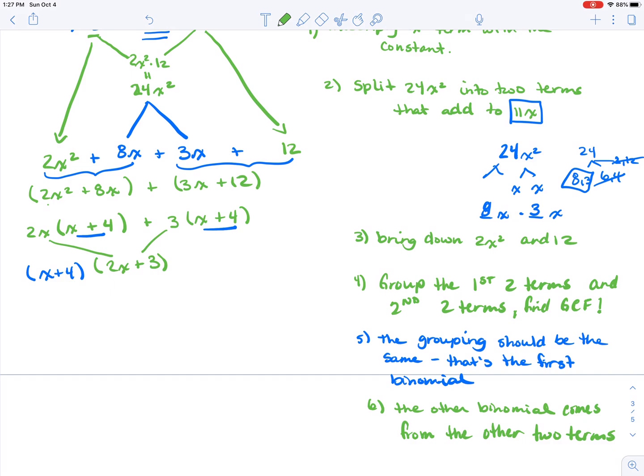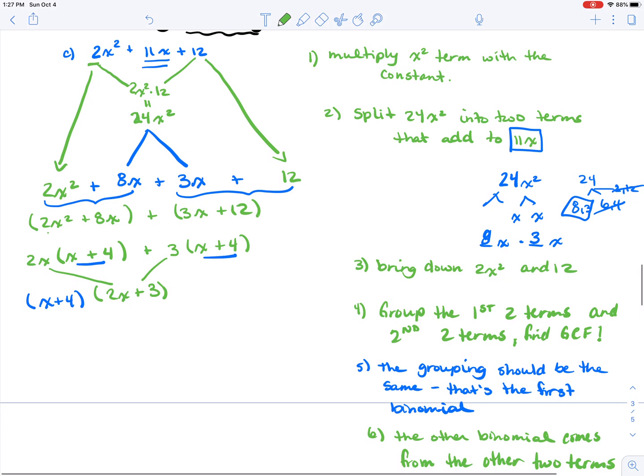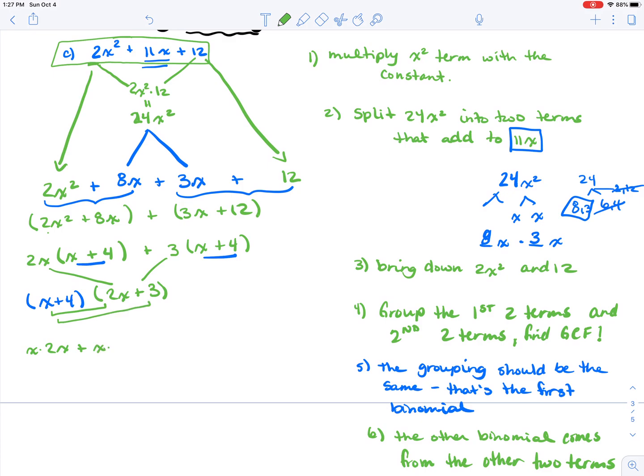Don't believe me? Let's use FOIL to test it. Will x plus 4 times 2x plus 3 equal what we started out with all the way up here of 2x squared plus 11x plus 12? So FOIL, first we have x times 2x. We have outside, which is x times 3, plus inside, which is 4 times 2x, plus last, which is 4 times 3.